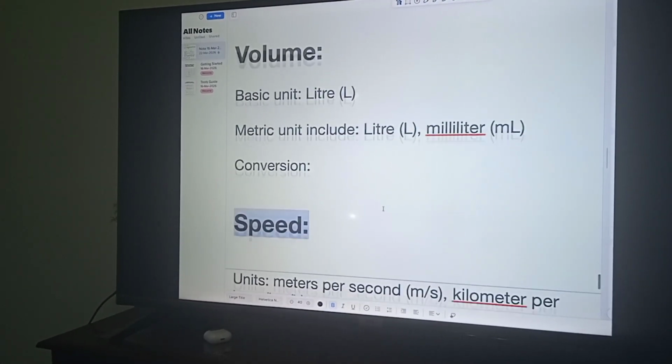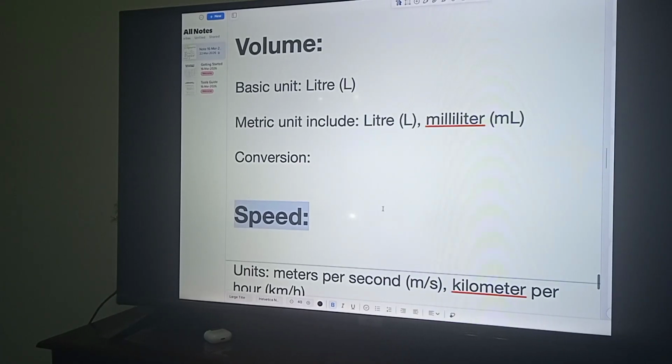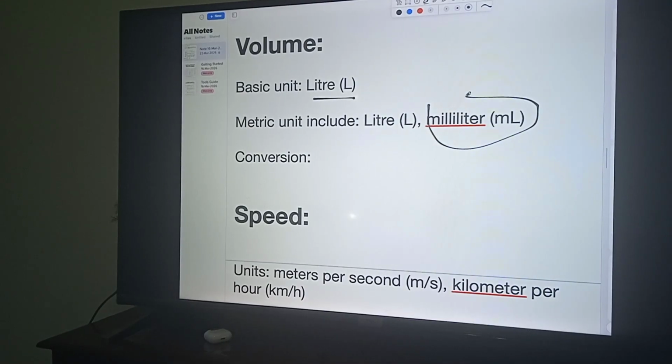Okay, the next category is volume. Volume measures how much space a liquid takes up. Its basic unit is liter, and its other unit includes milliliter.